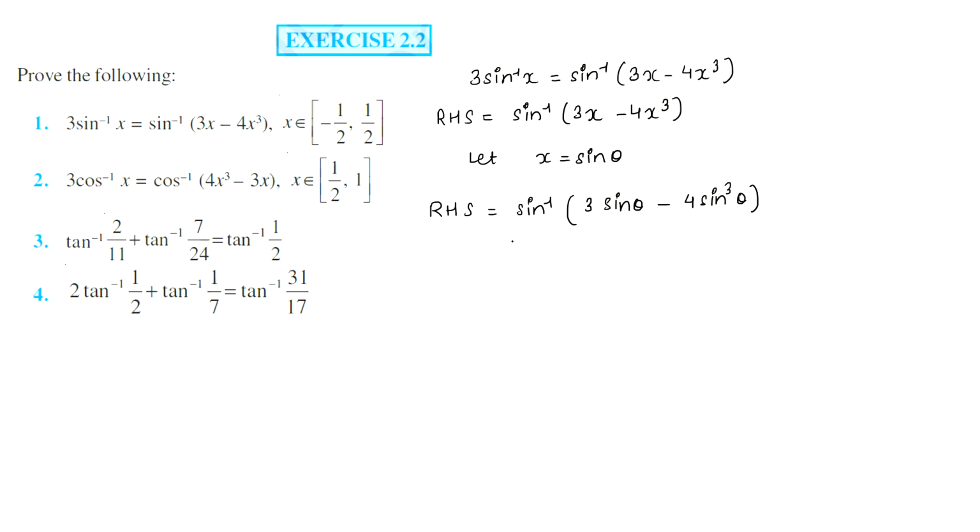Now we can use the trigonometric identity which says that sin 3x is equal to 3 sin x minus 4 sin cube x. So using this we have our RHS is equal to sin inverse sin 3 theta, and therefore RHS is equal to 3 theta.